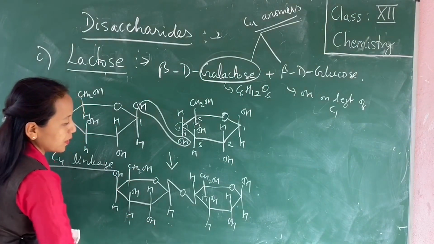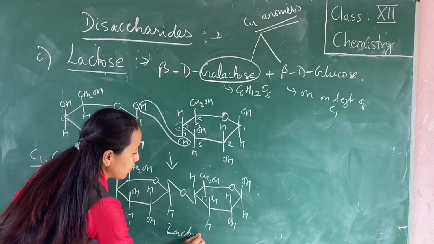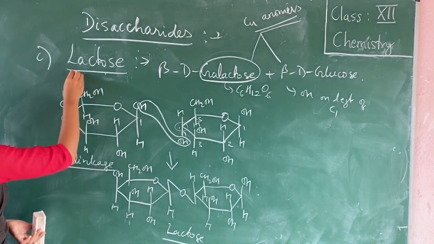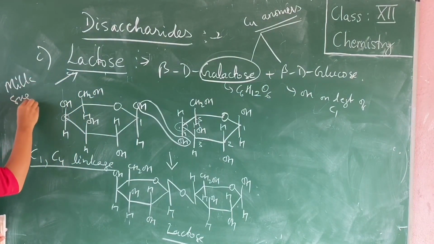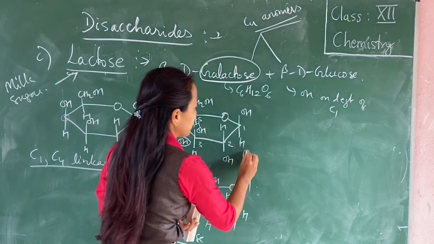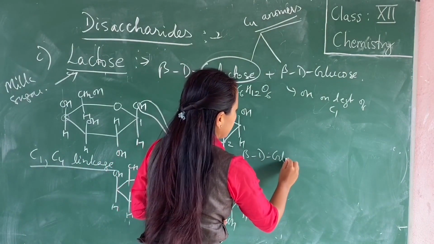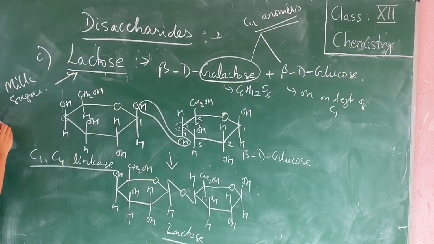Now this is called lactose, which is also known as milk sugar because it is present in milk. And this is your beta D-glucose, and this is beta D-galactose.